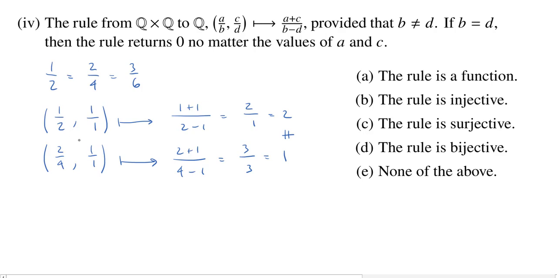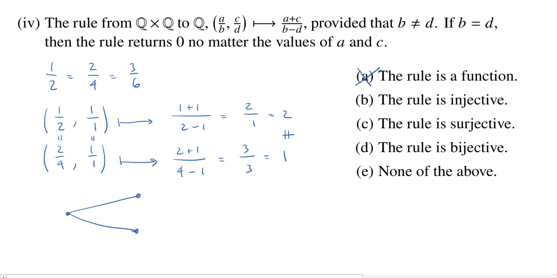But these two pairs are the same, in the first component and even in the second component, yet they're going to two different places. So diagrammatically, I would have one dot, both of these represent the same dot, but they are now being mapped to two different dots, which means that this rule is not actually a function.